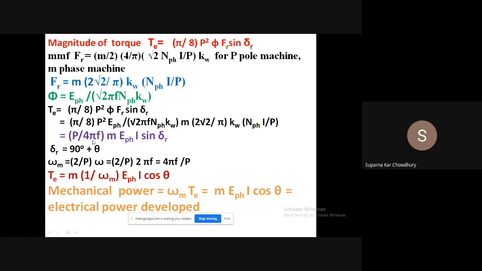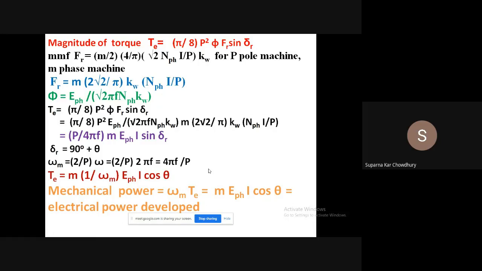So we have m by omega s E phase I sin of delta R, sin of 90 plus theta, so cos theta. So mechanical power, omega m T e, is equal to m E phase I cos theta, equal to electrical developed power. This equation appears because we have neglected the losses.